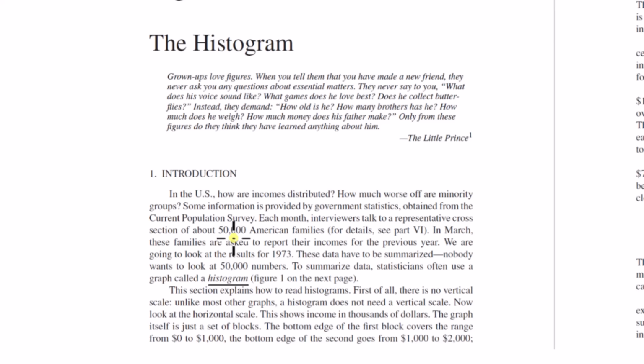And so you get 50,000 data points, 50,000 numbers. You can't just stare at an Excel sheet of these numbers. What use is that? So one way to present or summarize these numbers is with a graph called a histogram.